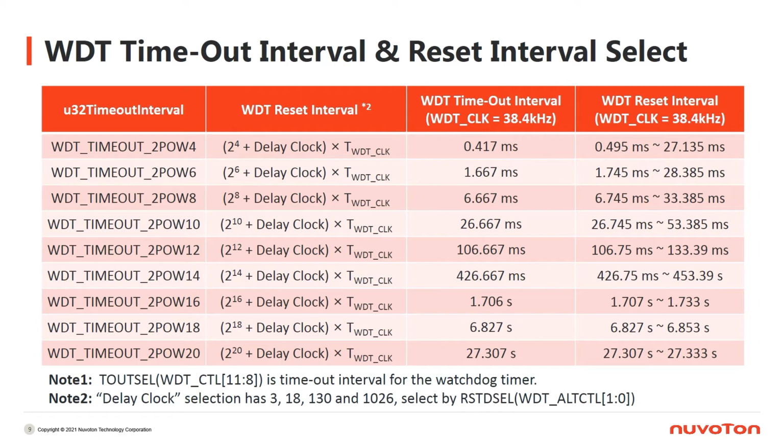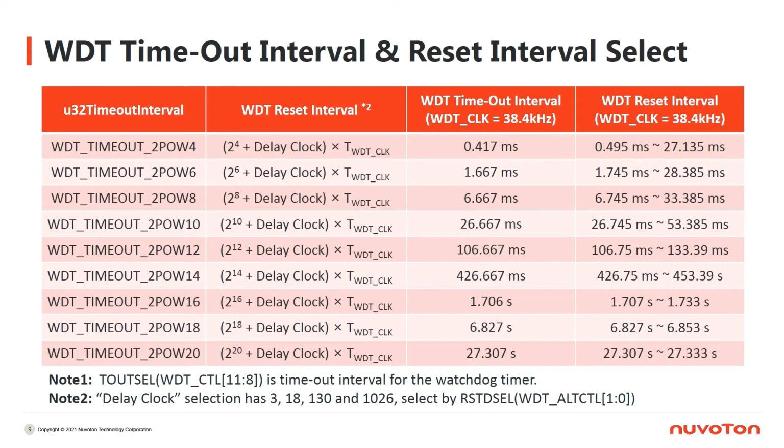Besides, if we have set a delay time before resetting the system, the whole WDT reset interval would be equal to the WDT timeout interval plus the delay time, and the formula is shown in the second column. The fourth column, WDT reset interval, is the actual values calculated by the second column.